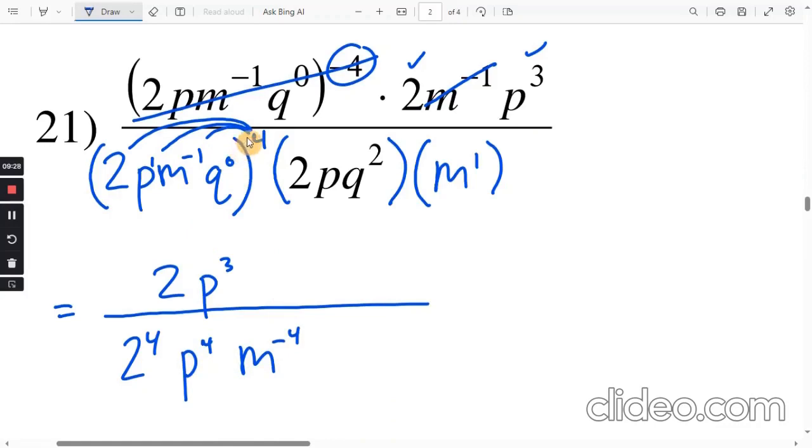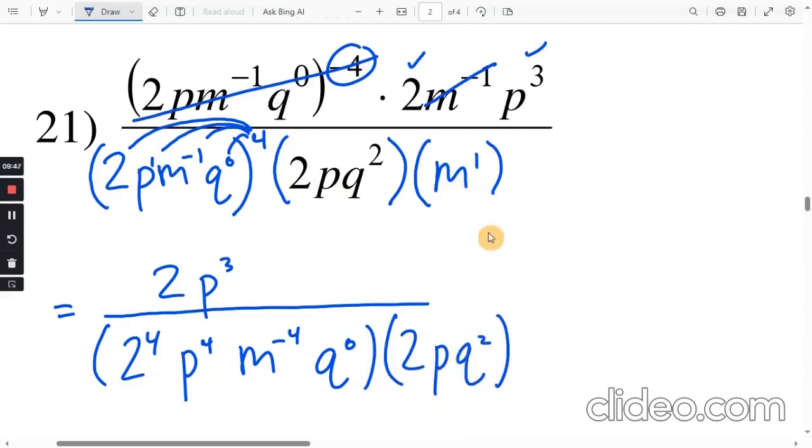And q to the 0 times 4, well, 0 times 4 is still 0, so that's q to the 0. And what else do we have here? We have 2pq squared, and we have m to the first power, or just m. You can write m to the first if you like.